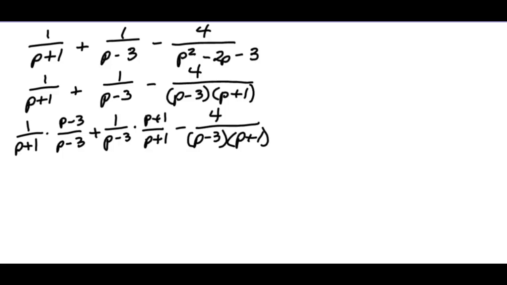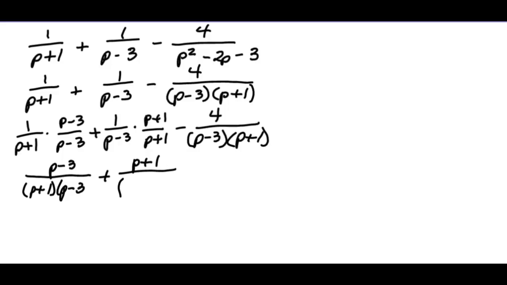So now we have our common denominator all the way through. And when I multiply 1 times p minus 3, what I get is p minus 3 over p plus 1 times p minus 3. Then I add p plus 1 over our common denominator.